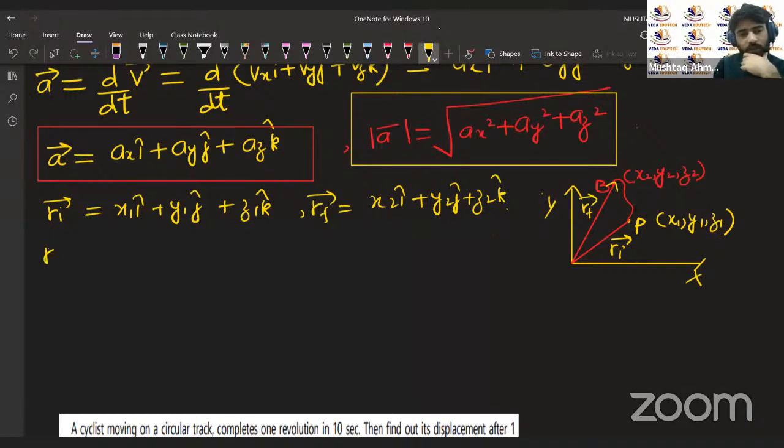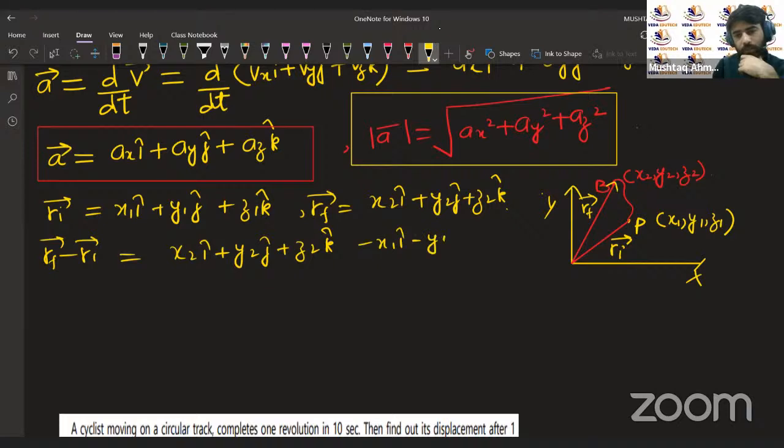And our displacement vector will be RF vector minus RI vector. That will be x2 i cap plus y2 j cap plus z2 k cap, minus x1 i cap, minus y1 j cap, minus z1 k cap.